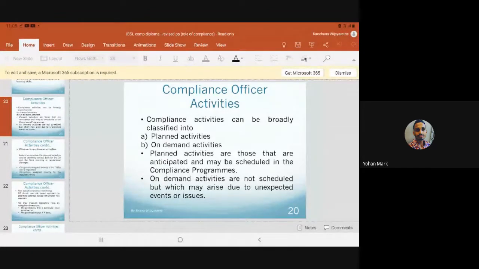Those may not go into your compliance program because such products or initiatives might come up as a requirement on a day-to-day basis. Or sometimes there's some investigation that you have to carry out in a particular area. Or maybe a new regulation like FATCA came up, which you may not have captured in your compliance program. Those are called on-demand activities.